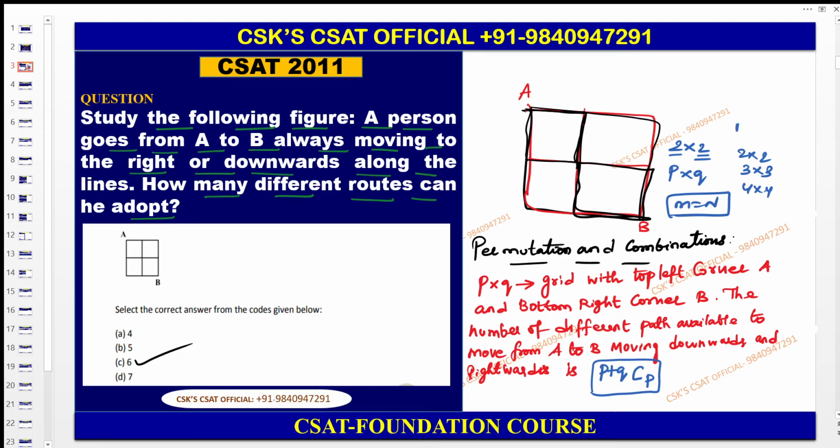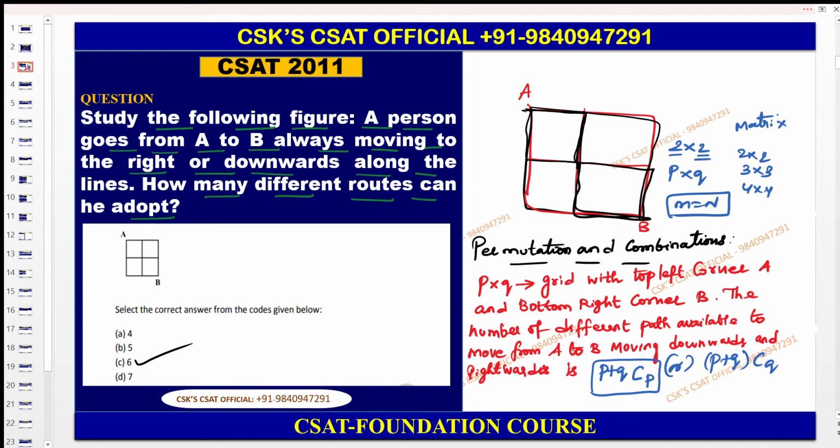You can call this a square matrix also. These things are there in your matrix and determinants, not required here. Or else you may say Q. Both are the same, right? You can use Q or P.